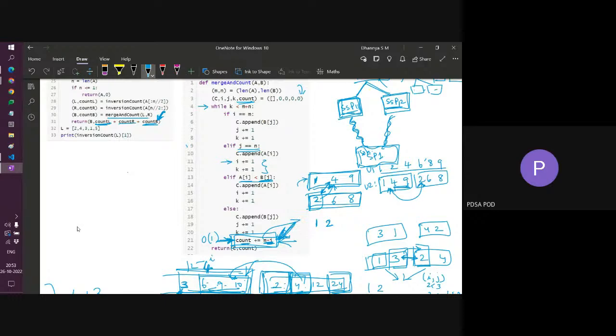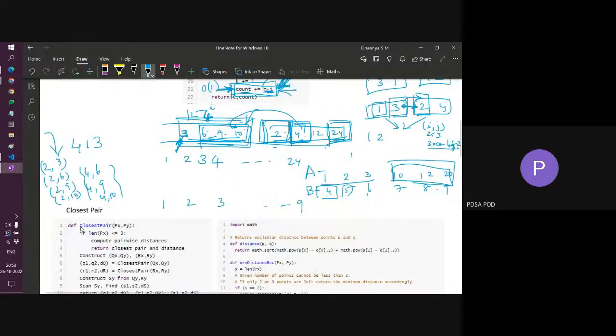Here we said that for this 4, instead of listing all these, we are just taking the number 4. Here it is O of 1 only because you are just taking the count, which is 4. And the second one, you are just taking the count 3.